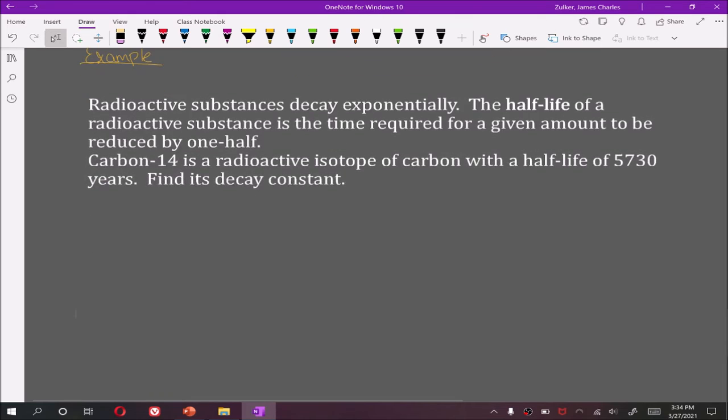So radioactive substances decay exponentially. The half-life of a radioactive substance is the time that is required for a given amount to be reduced by 1/2. Carbon-14 is a radioactive isotope of carbon with a half-life of 5,730 years. We are asked to determine its decay constant. Right? So we know that Q of t is Q naught e to the kt.